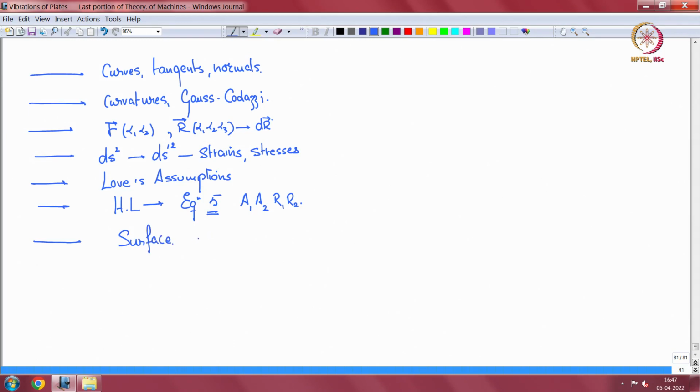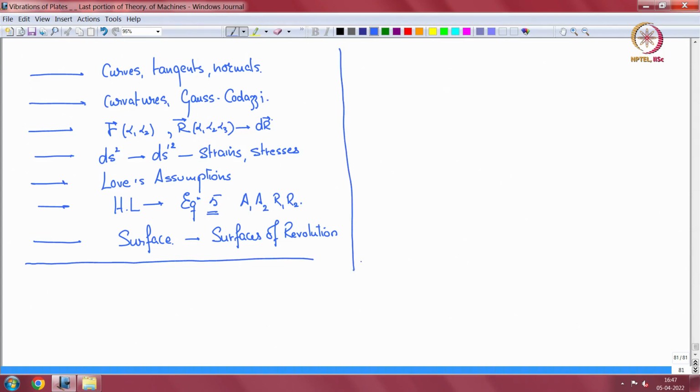And when it came to curved surfaces, we said we will stick with surfaces of revolution. So that section has come to a close with this plate equation.